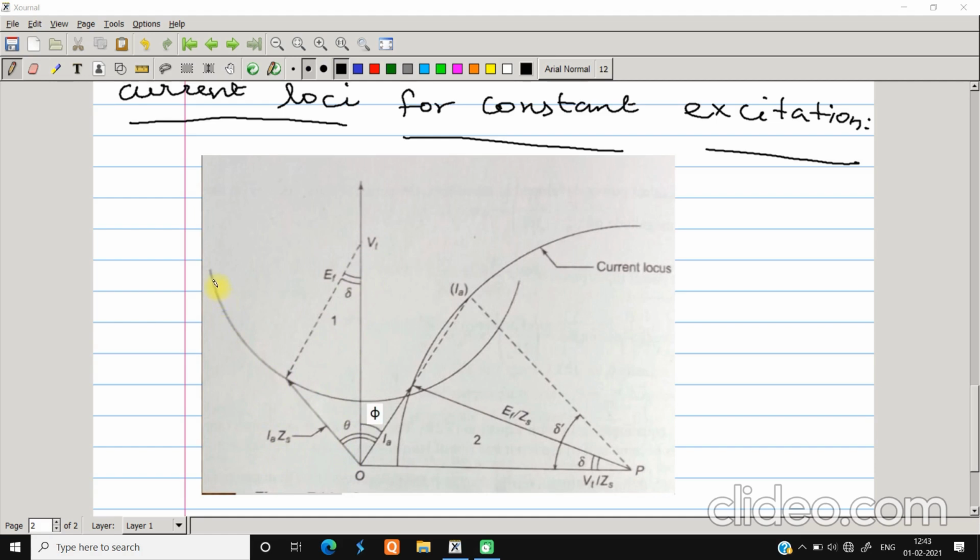So we will be having a locus of this particular Ia Zs to be a circle, which is going to be a loss circle. If you divide each and every value of this particular triangle by Zs, we will be having this Ia Zs converted into the current locus, because Ia Zs divided by Zs will be a current.